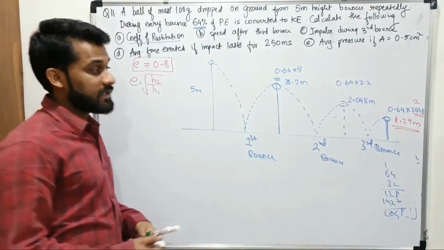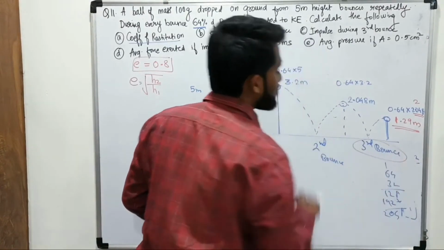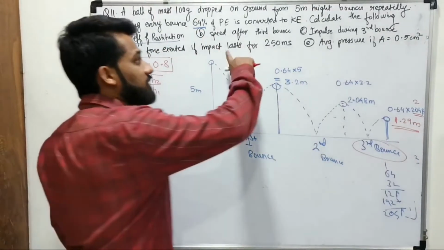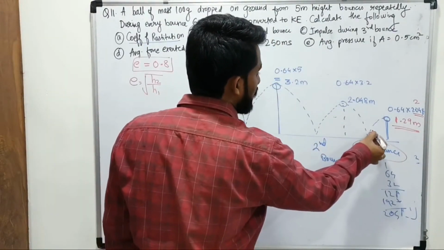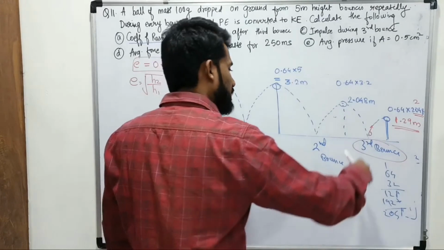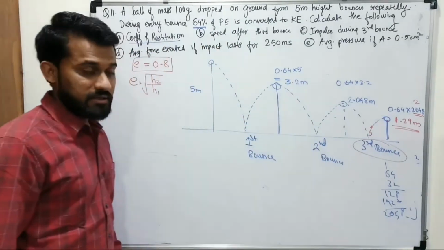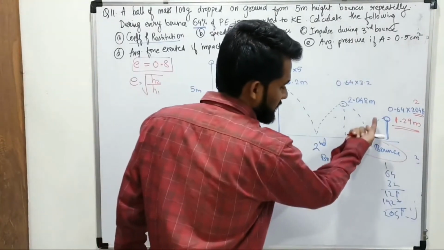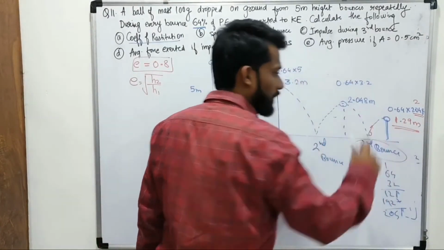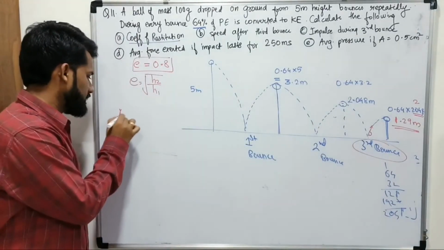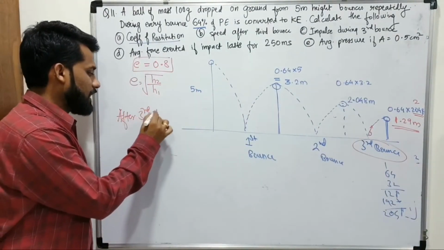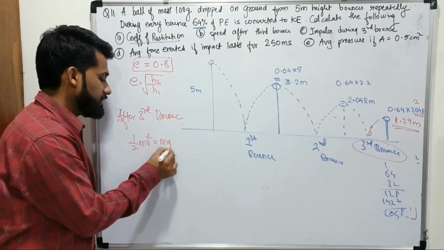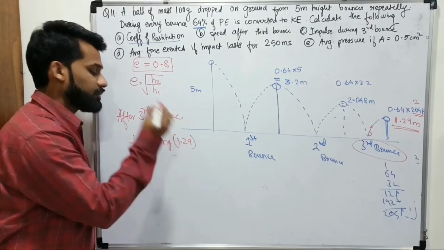Now the questions are basically focused on the third bounce. So the question is, what is the speed after the third bounce, while going up? If it is going up to 1.29 meters, its kinetic energy should be equal to the potential energy in that case. When it goes up from here, its kinetic energy will convert into potential, right? So after the third bounce, its kinetic energy should be equal to mgh. h is 1.29.